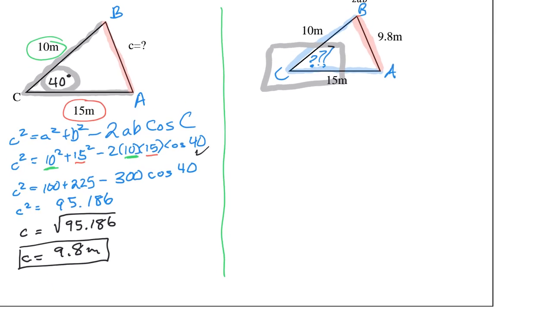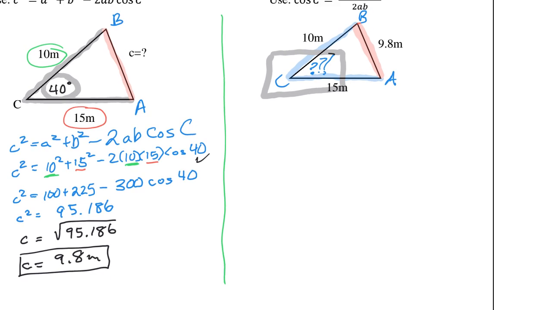Now, remember, we start with cosine of c is equal to the a's and b's, the sides around it, which is just a squared plus b squared minus c squared, and then we divide by our a and b from our original equation, twice ab. So let's go and do the calculation.